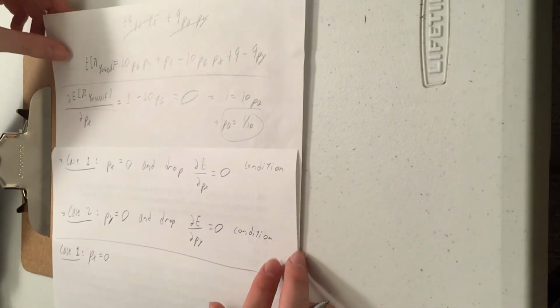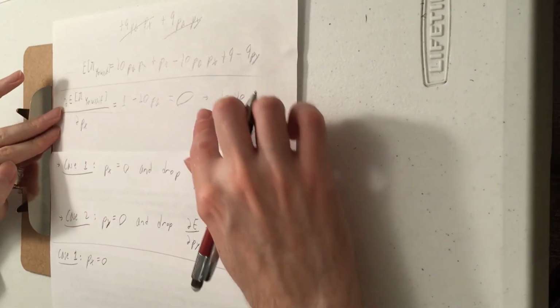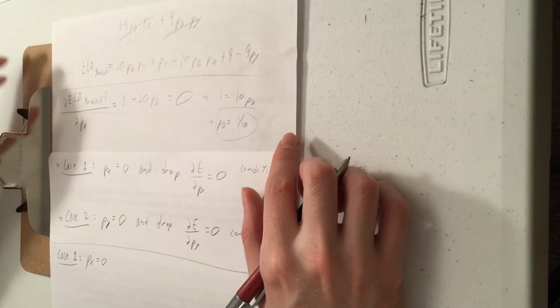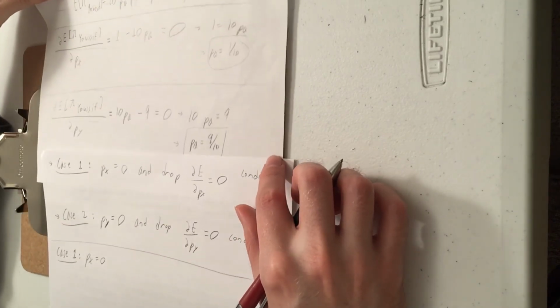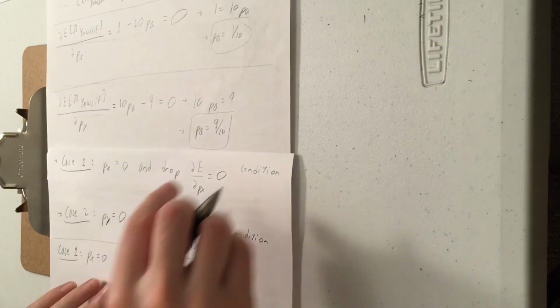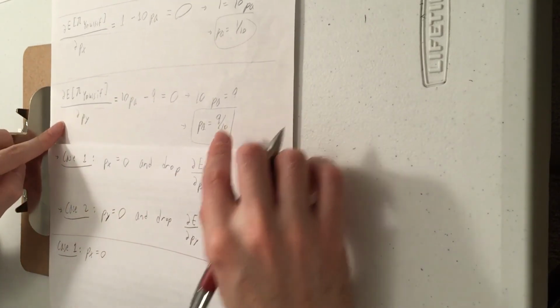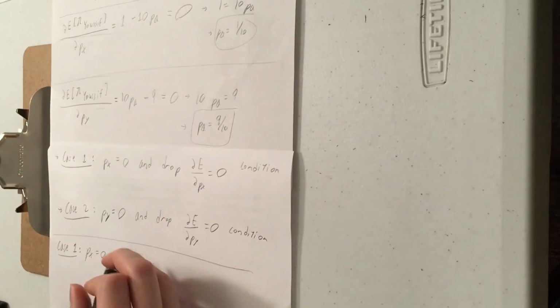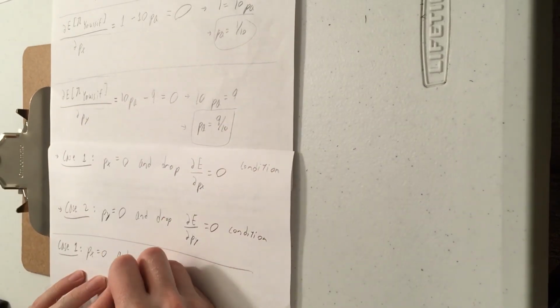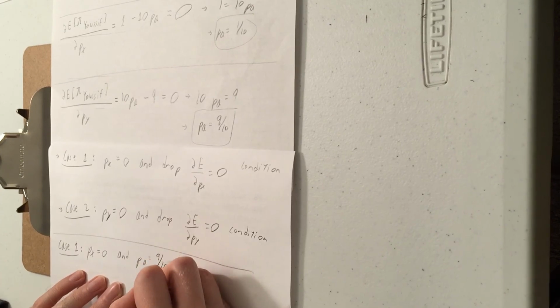So if px is 0, that means we're dropping this, so we're not going to pay attention to that part. We're getting rid of that constraint. We're going to use the other one instead, so this one still applies. We're not dropping that up here, so PA is going to be 9/10.